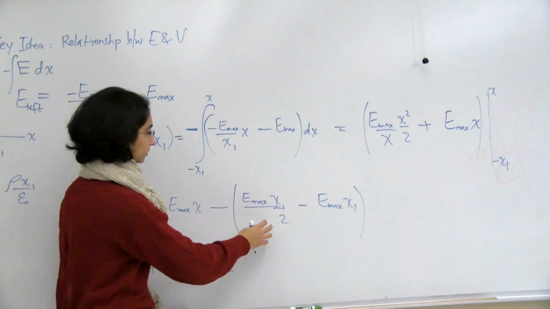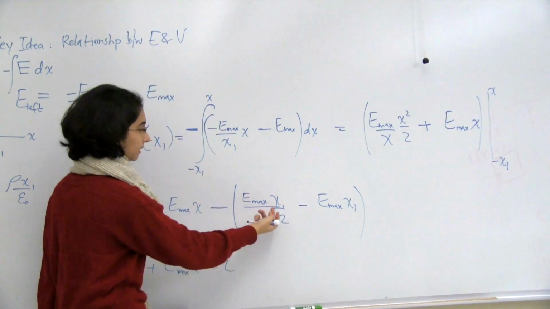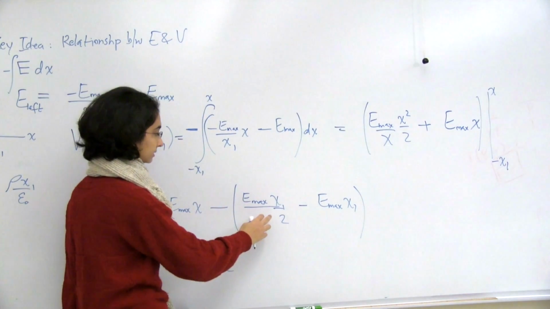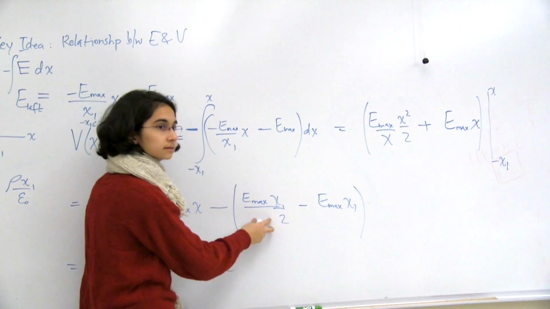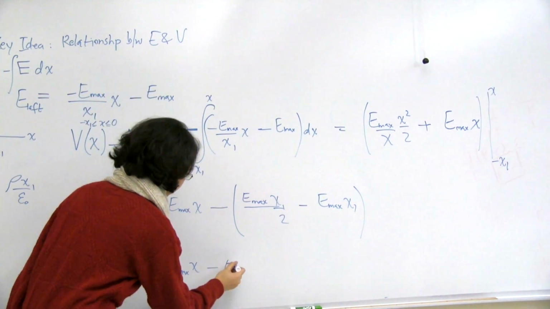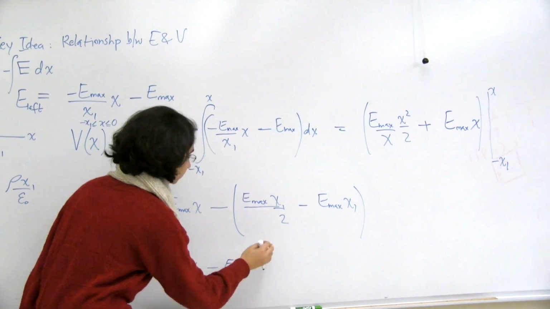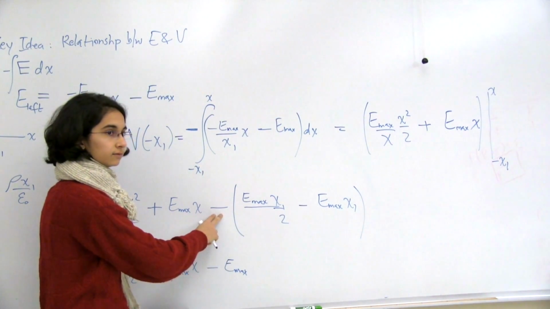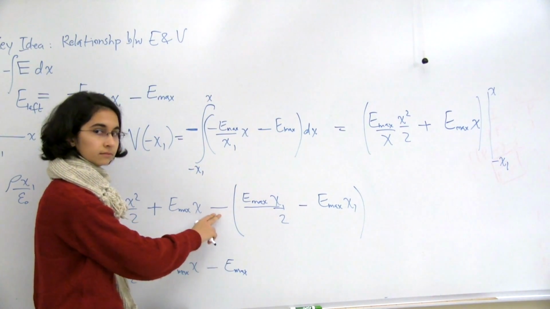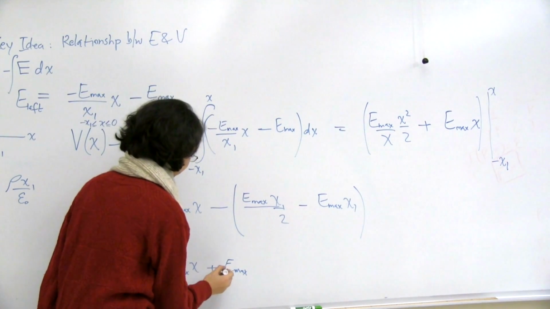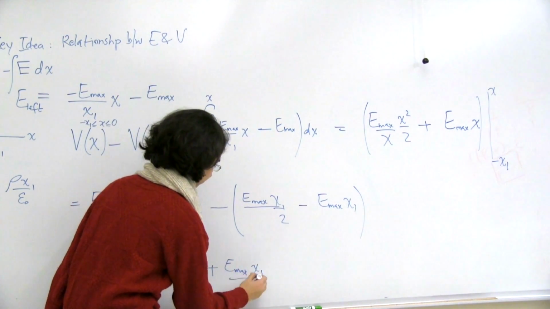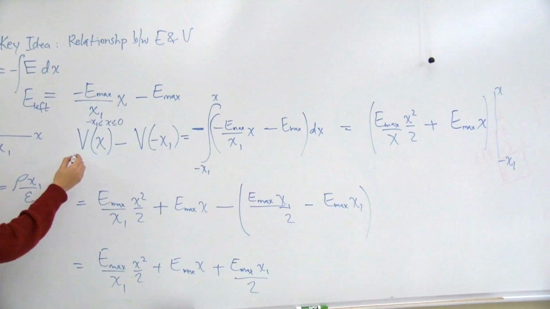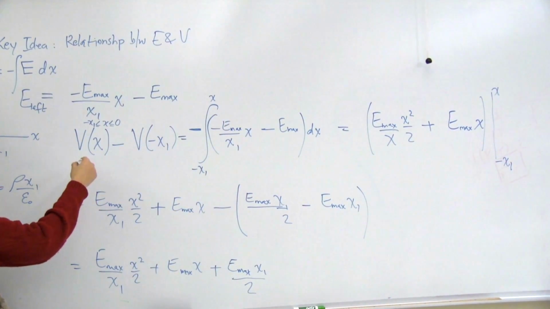That gives me a negative E max times x1 over 2. It's this minus half of that. So inside I get a negative E max x1 over 2, then that negative becomes positive here. So that's my expression for the potential difference.